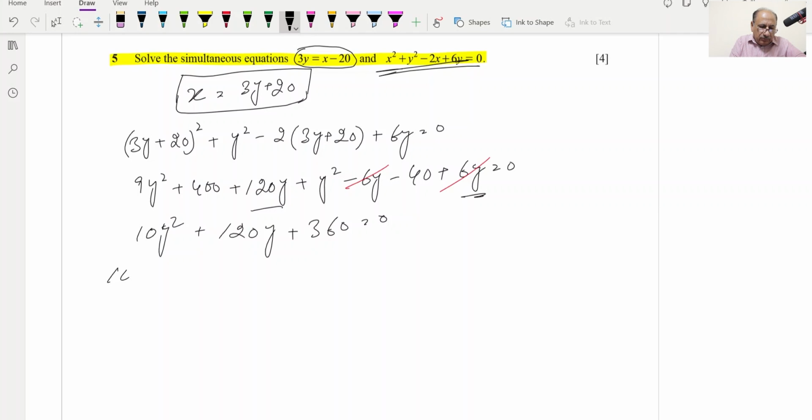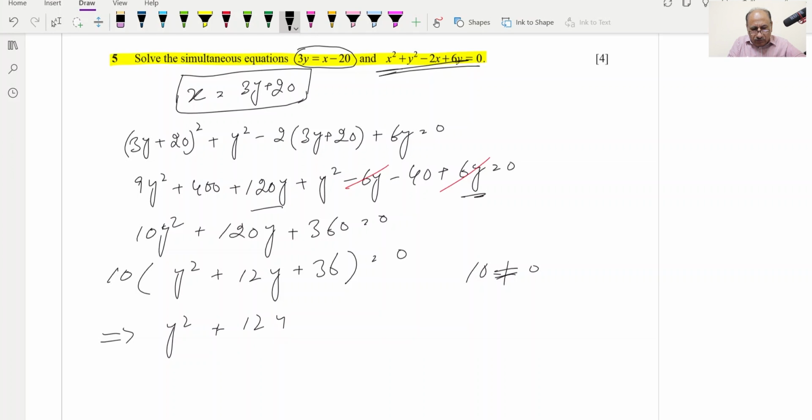10 we can take common, so inside will be y squared plus 12y plus 36 is equal to 0, and 10 is not equal to 0, so this implies y squared plus 12y plus 36 is equal to 0. Now we can factorize this.